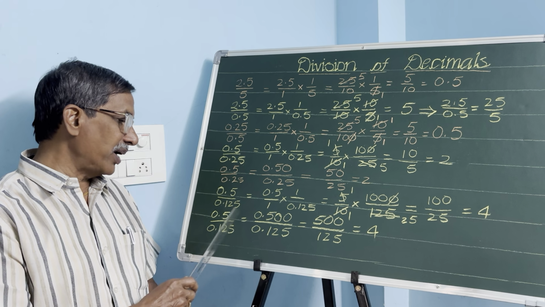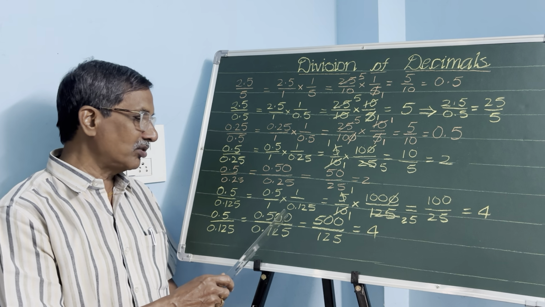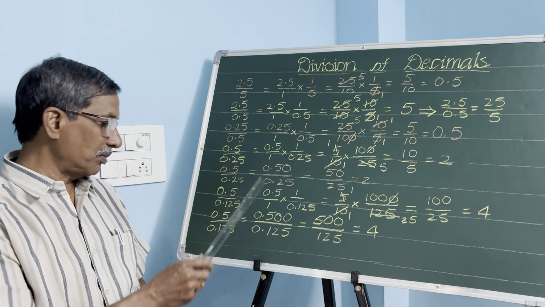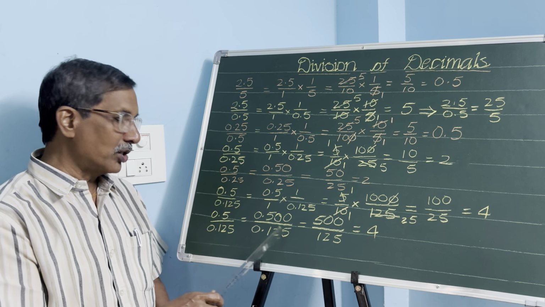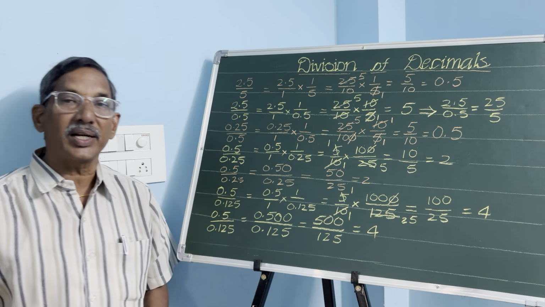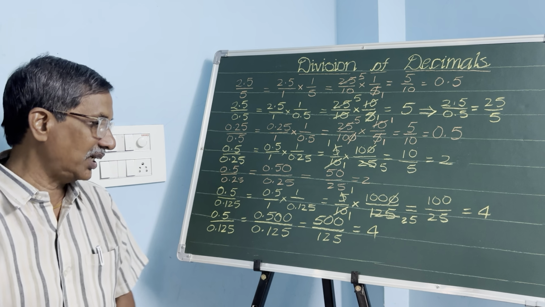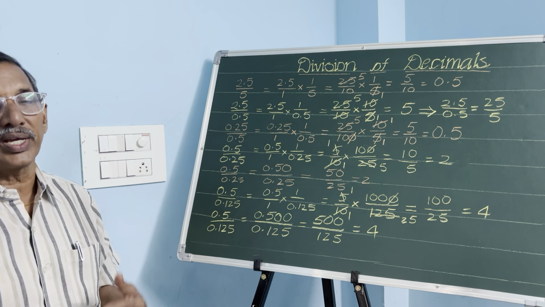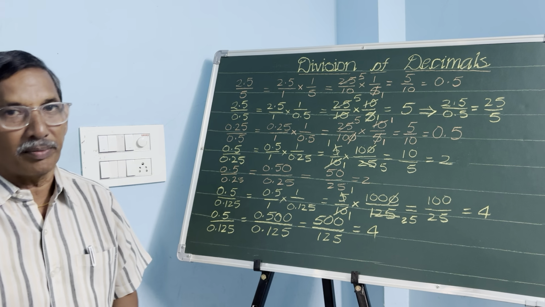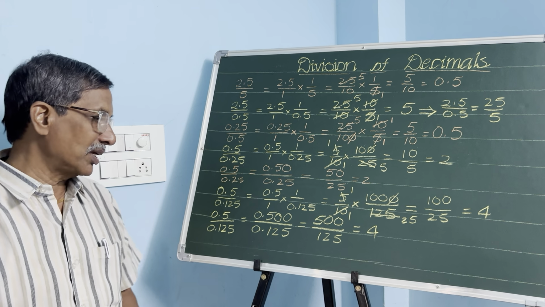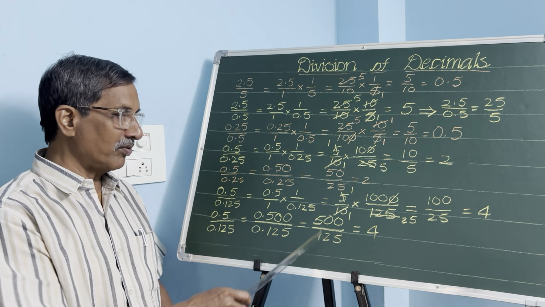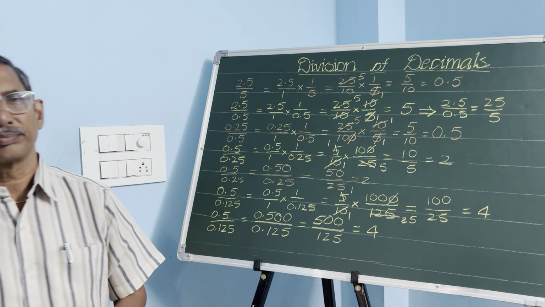See here, 0.5 is the same as 0.500 by 0.125. Since the numerator and the denominator have equal numbers of decimals, 3 each, we can ignore or neutralize them, and they cancel. So 500 by 125 is equal to 4.